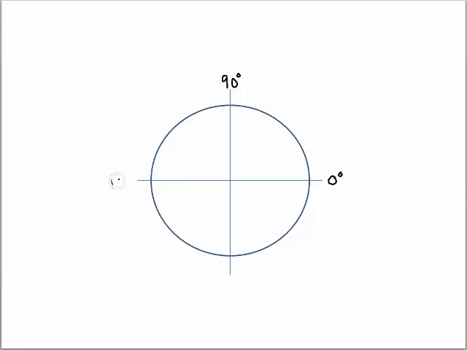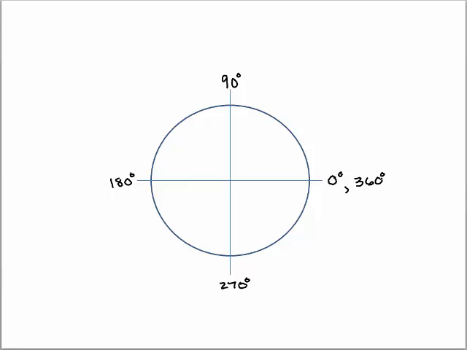And we know this is 180 degrees. This one's kind of the tricky one, 270 degrees. And when we come all the way around the circle, this point also equals 360 degrees.